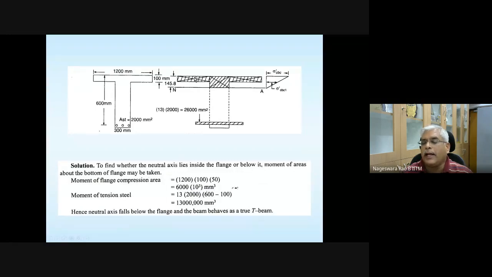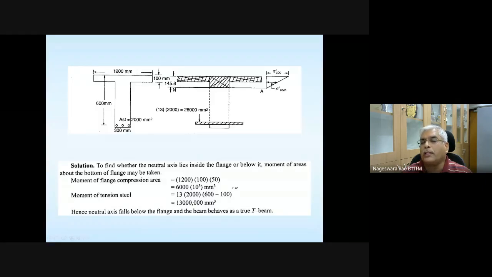So the area in compression is going to be made up of this rectangle, and the middle one. And what are the dimensions of this rectangle? You can easily find, because the width of the web is 300 and the width of the flange is 1200.